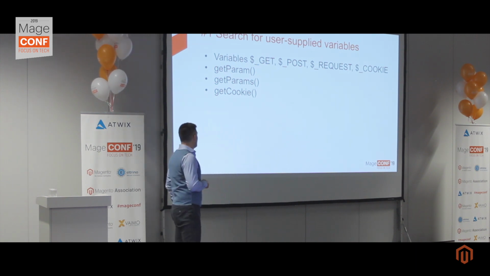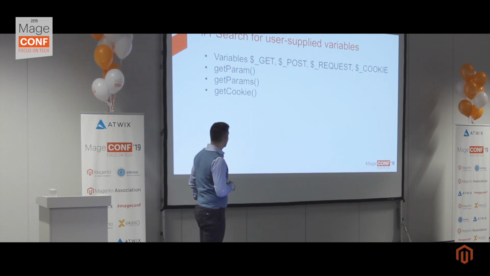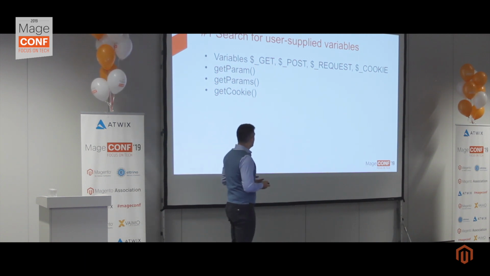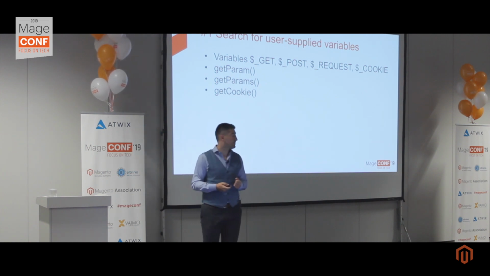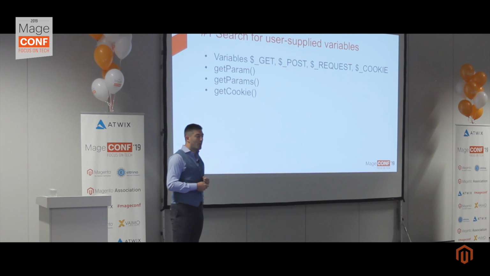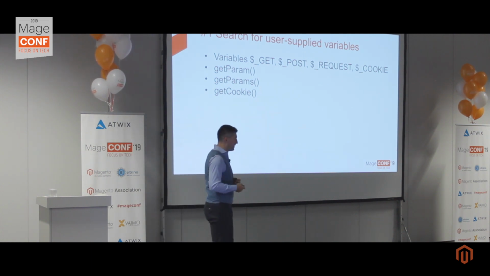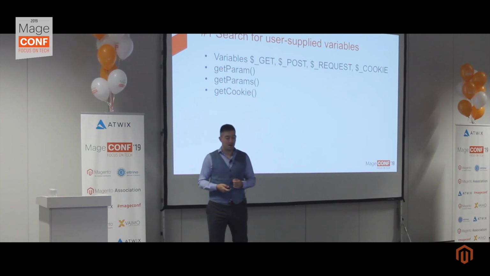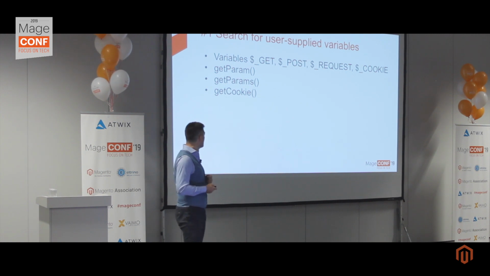In general, what you are looking for are get params and get cookie, because they allow the user to interact with your system. Get cookie, for example, is maybe underestimated because no one thinks someone is going to change cookies and try to abuse your system. But yes, it's possible, depending on the way the system uses your cookies.